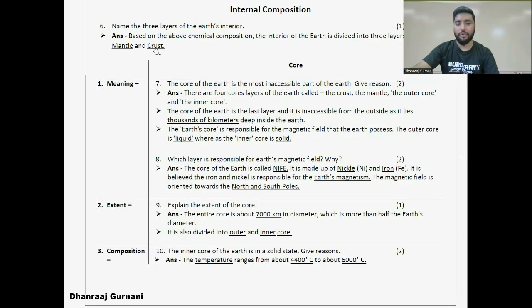Let's speak about the core now. They can ask you the meaning of the core, or they can ask you that the core of the earth is the most inaccessible part of the earth. Give reason. Three simple points.